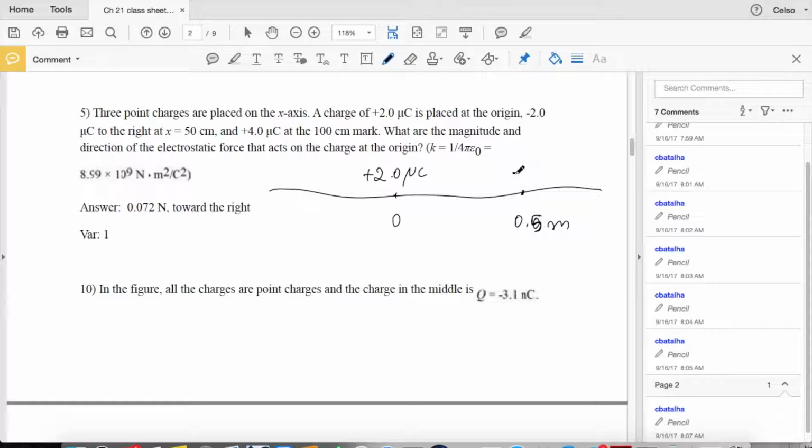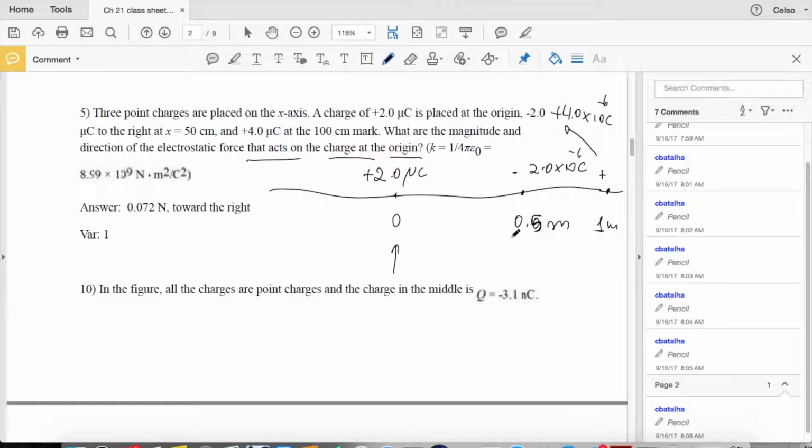And you have a positive charge that is placed here. We write up here 10 to the minus 6 coulomb positive at the 1 meter mark, right? What are the magnitude and direction of the electrostatic force that acts on the charge at the origin? So you want to find out what's going on here.